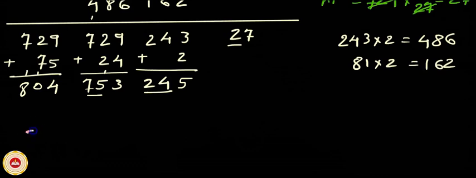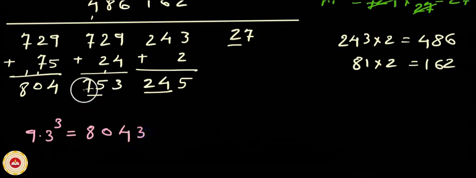The number was 9.3 cubed. What is the left part? 804. What is the middle part? 1, 3. See, neglect this 75 because we have worked upon it. We have passed it. Okay, so don't consider passed digits. Write this 3. Yes, we wrote it.